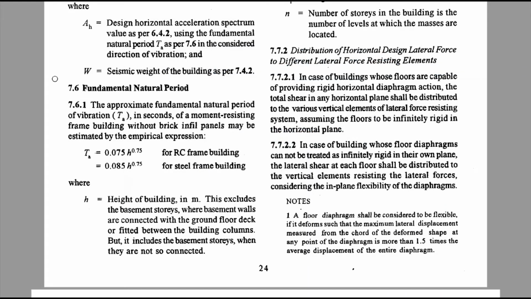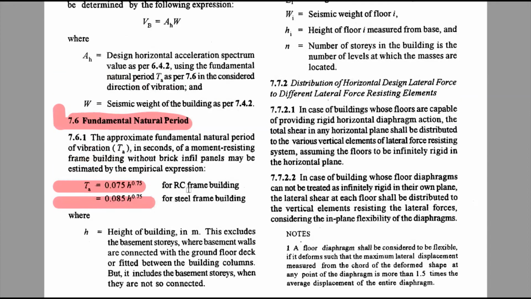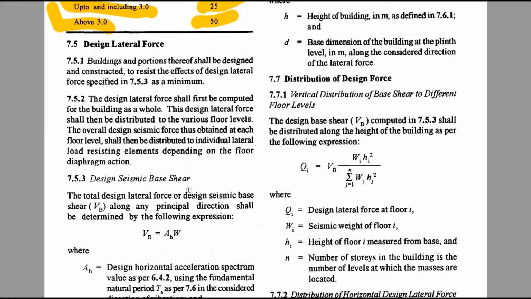Now for the fundamental natural period we have the equation Ta equals 0.075h to the power 0.75 for an RC frame building, or 0.085h to the power 0.75 for a steel frame building. Now here is the second equation.